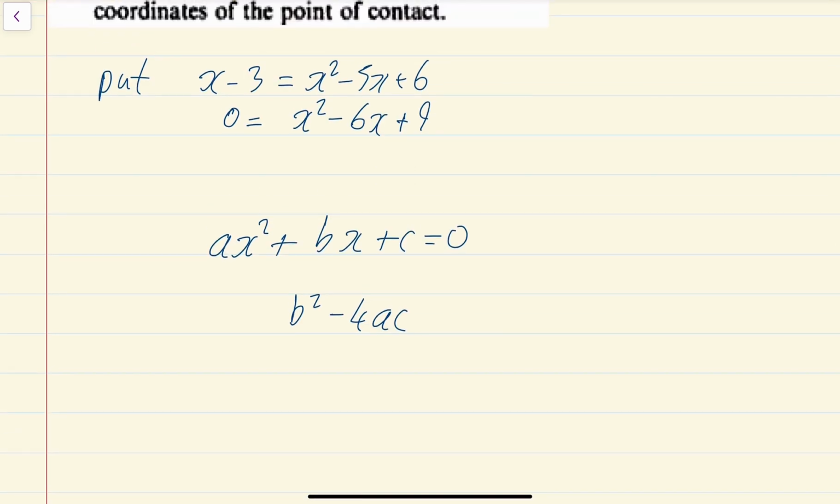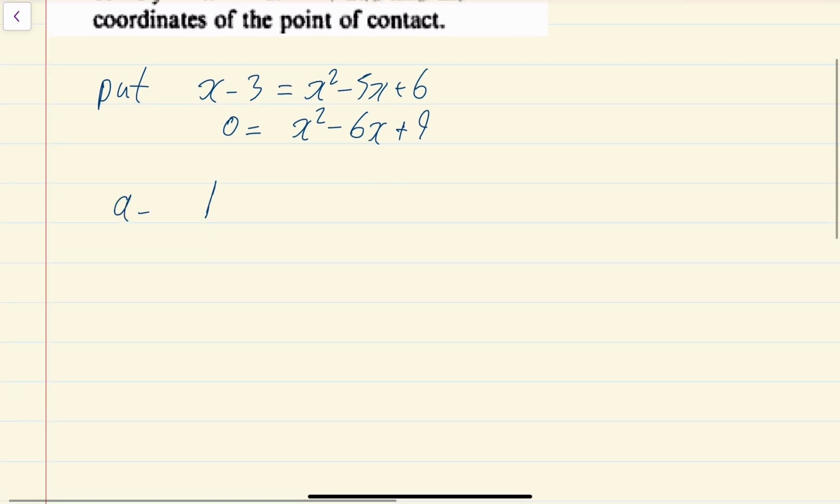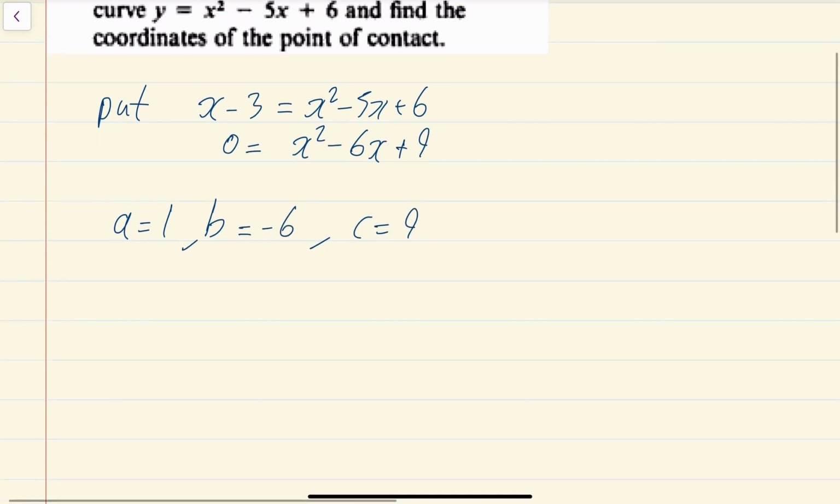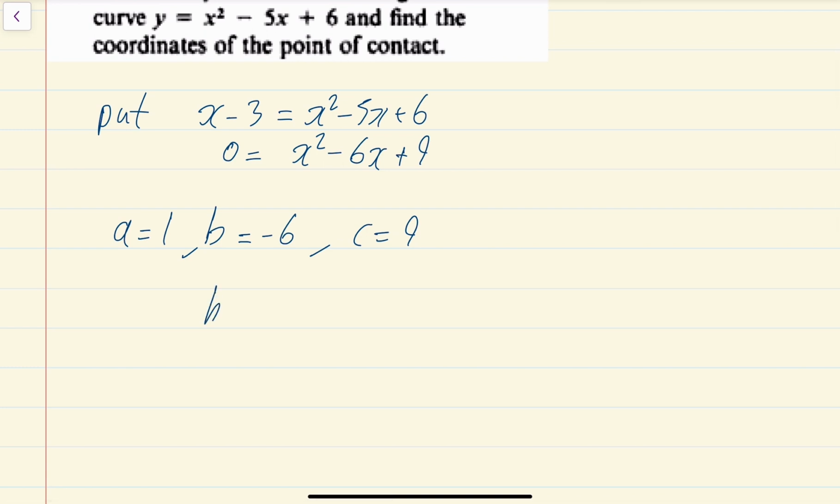Let's get rid of all of that. So here, first of all we'll just say a is equal to 1, your b is equal to minus 6, and your c is equal to 9. So b squared minus 4ac is going to be equal to minus 6 squared minus 4 times 1 times 9.